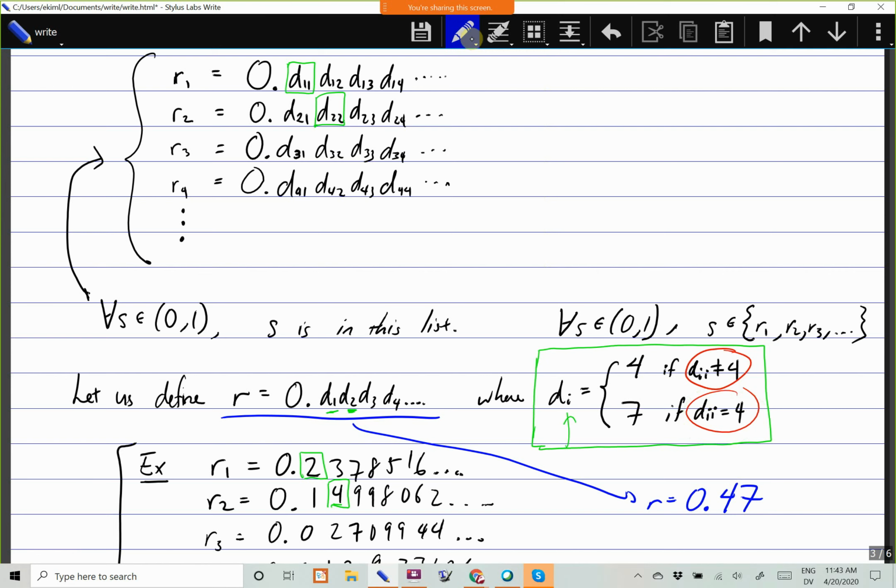To get the third digit, d sub 3, we again look to the green box. We need to know, is it either a 4 or a not 4? And it's the third digit after the decimal place in the third real number.